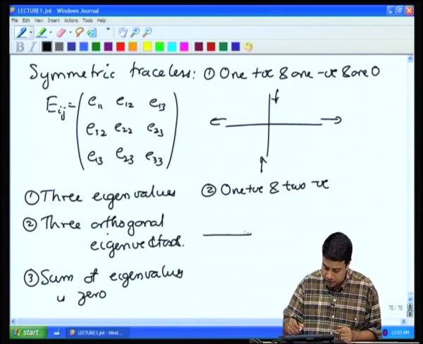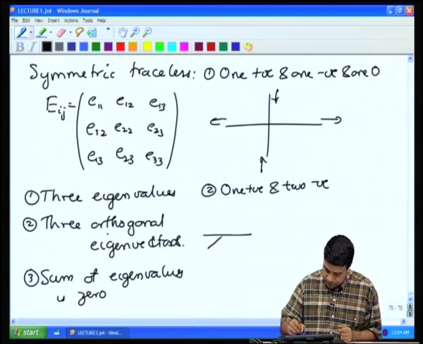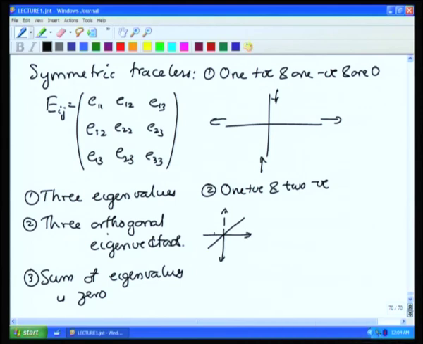So, if I just try to plot it here. These are my 3 axes. I have extension in one direction and I have fluid coming in from the other 2 directions and stretching along the third direction. So, that is called uniaxial extension, 1 positive and 2 negatives.